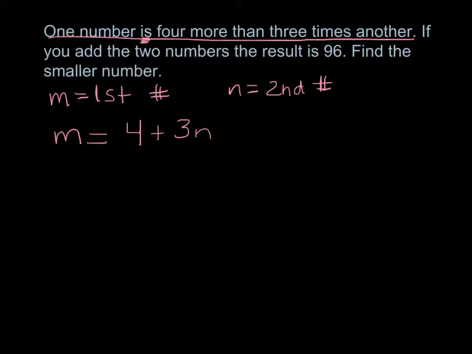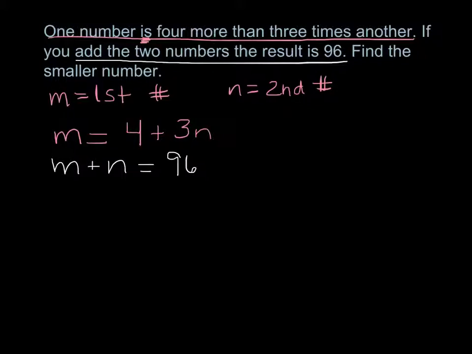Now my second equation says if you add the two numbers, the result is 96. So m plus n equals 96. Now we need to solve this.